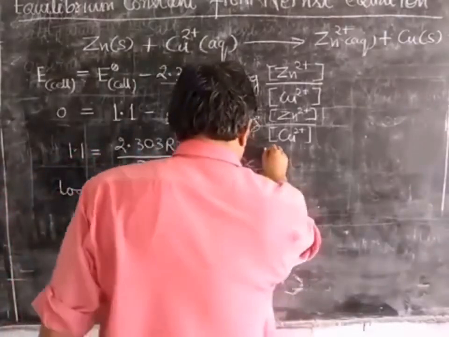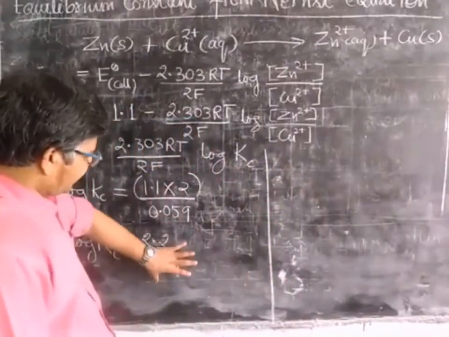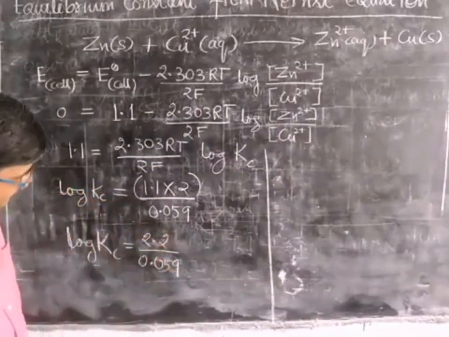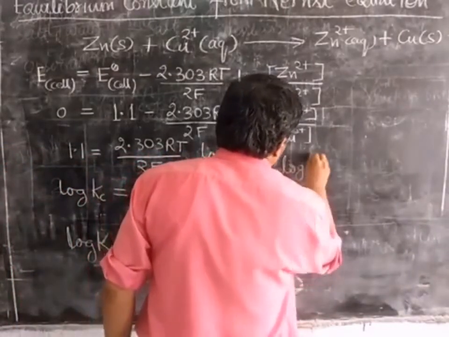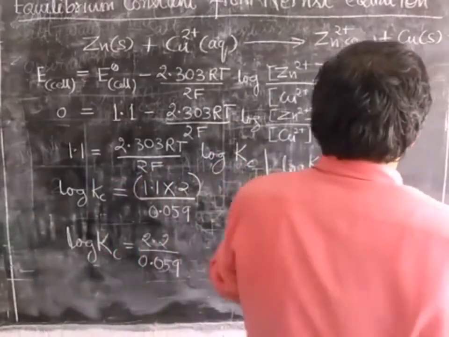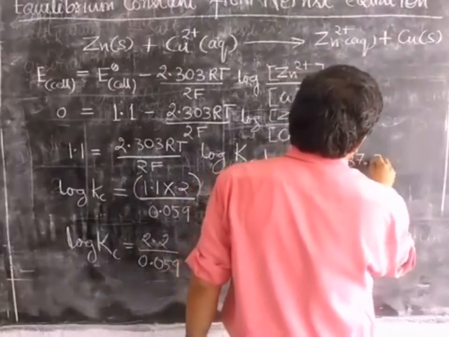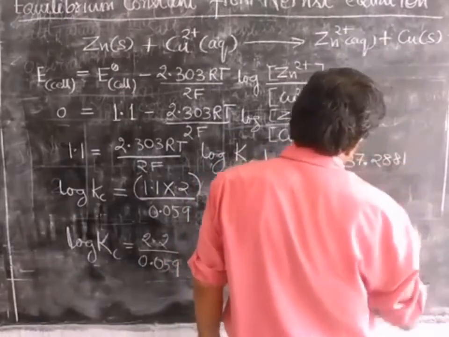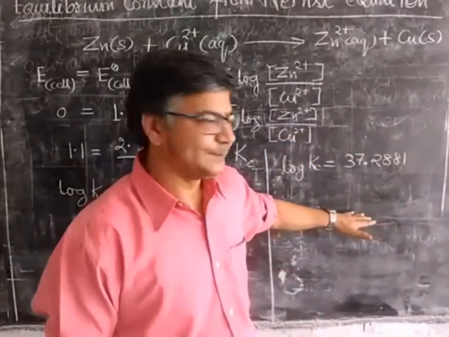So this, if this is calculated, log Kc will be equal to 37.2881. Now we have to take anti-logarithm.